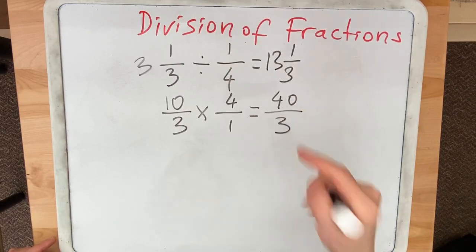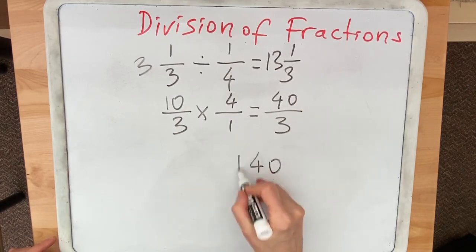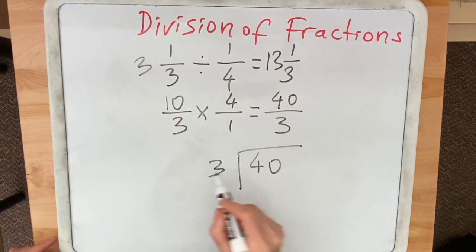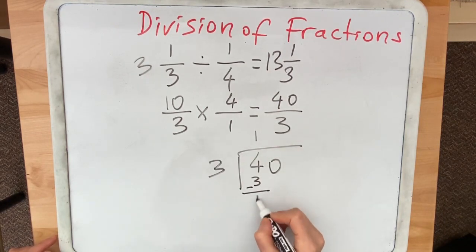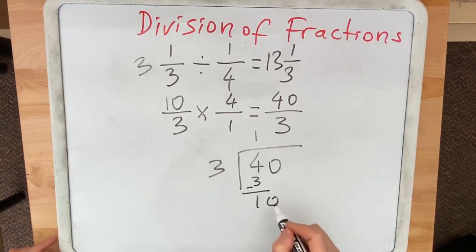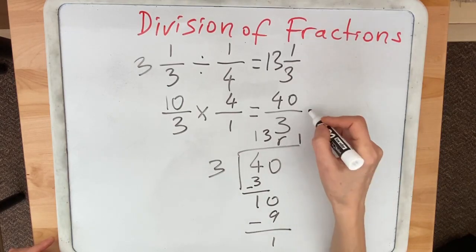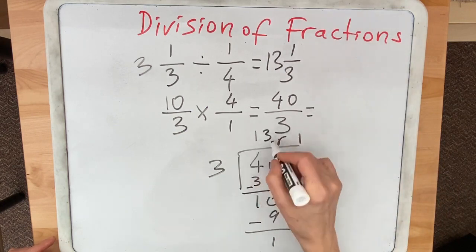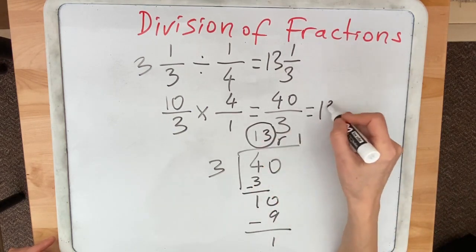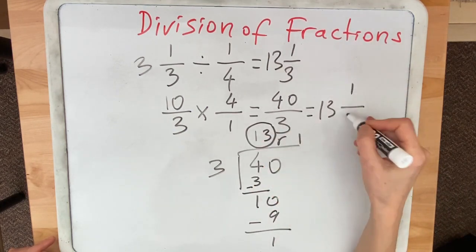And now we are going to divide 40 by 3. Let's do that. 3 goes into 4 one time. 1. 3 goes into 10 3 times. It's 9. We have a remainder of 1, so it is 13 and 1/3.